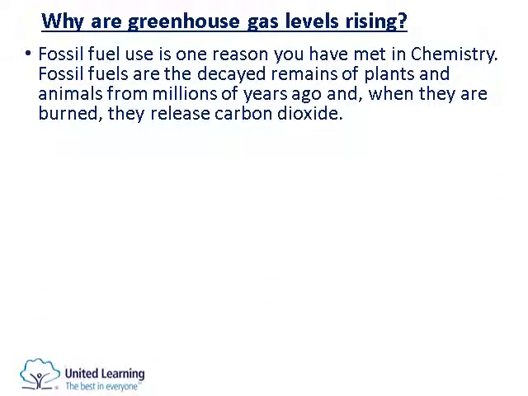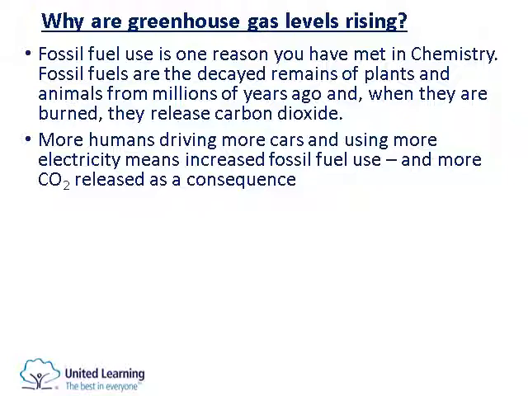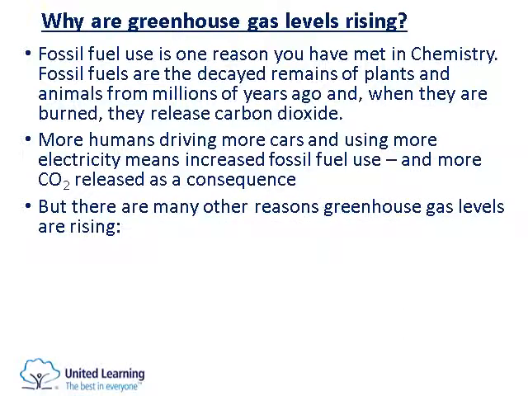We know from the last topic that greenhouse gas levels are rising because of increased use of fossil fuels. We're driving more cars, we're using more electricity, we're using more fossil fuels, there's more carbon dioxide being released. And we also considered some other reasons, because carbon dioxide is not the only greenhouse gas we need to know. We need to talk about methane as well.